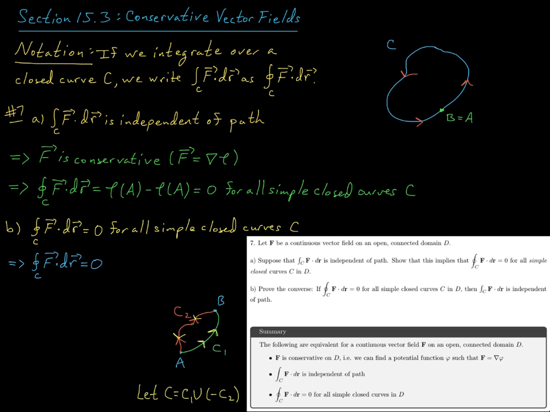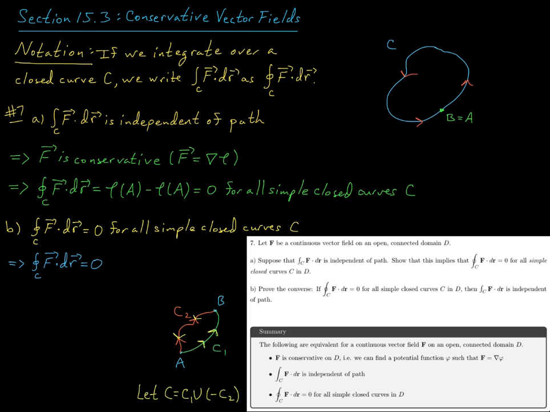So when we're following this red path, we're starting at B and ending at A. And now since that's a simple closed curve, this assumption we're starting with implies in particular that the integral over this path, where we start at A, we go out to B, and then we come back to A, that integral would be 0.